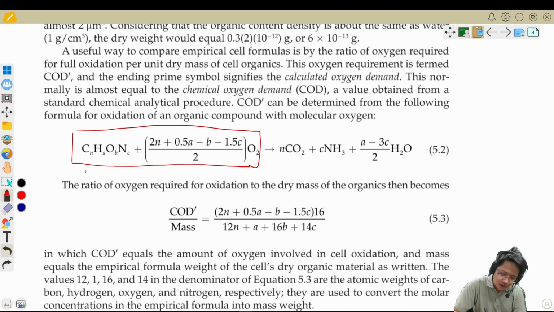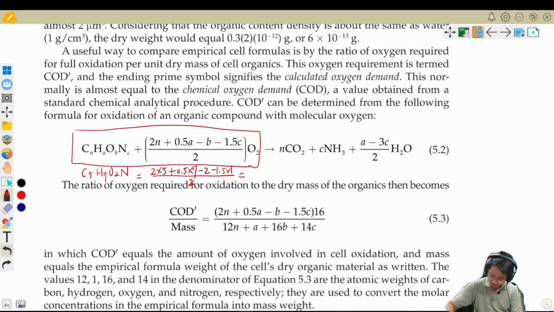So if we use C5H7O2 here, basically we will need divided by 2 and 2 times 5 plus 0.5 times 7 minus 2 minus 1.5 times 1.